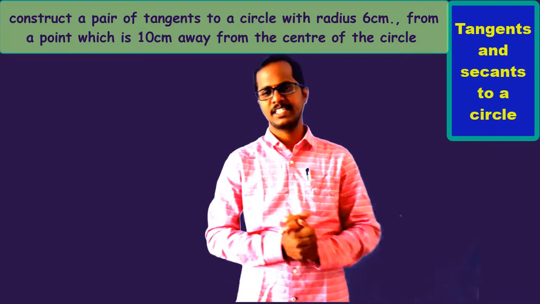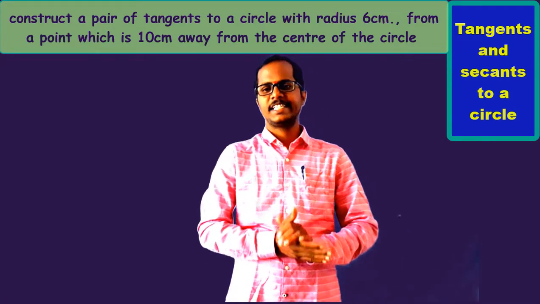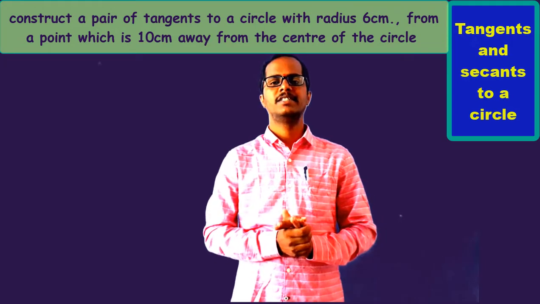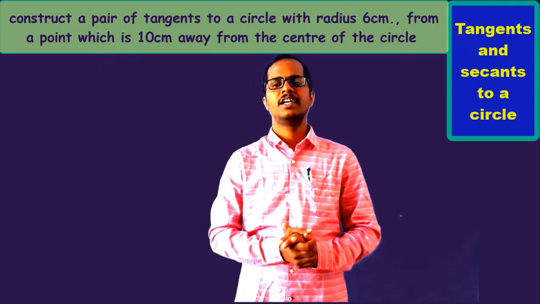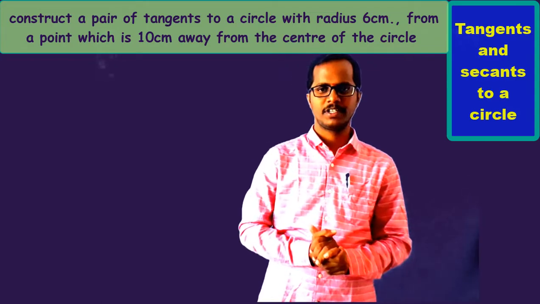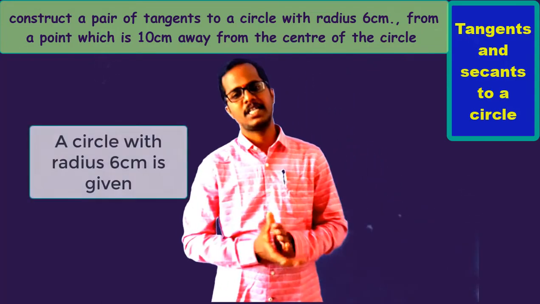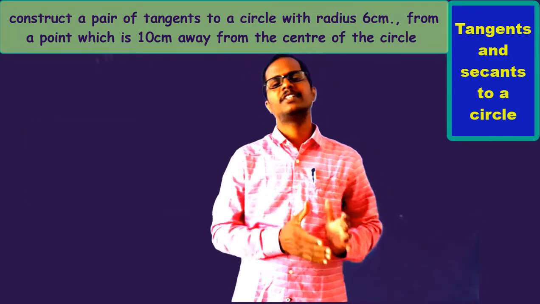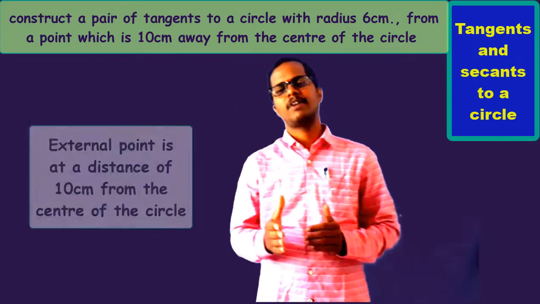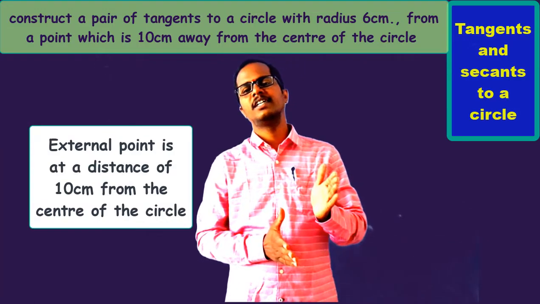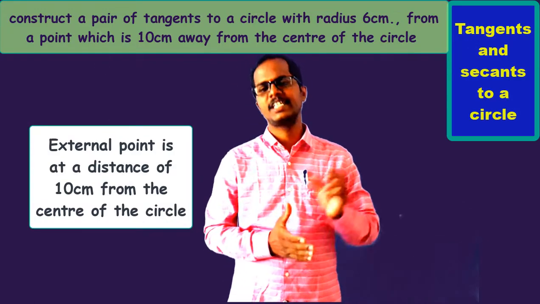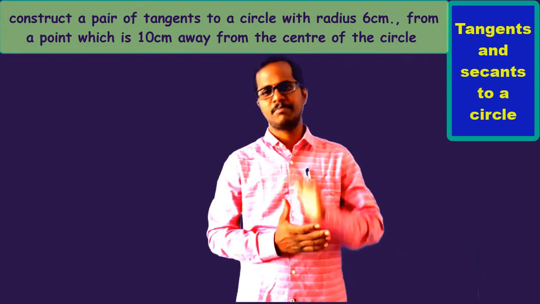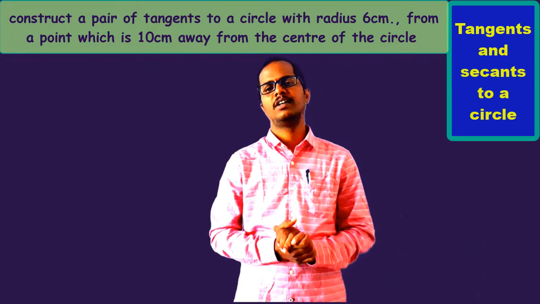So in this, we are given a circle whose radius is 6 centimeters, and the distance from the center to the external point is 10 centimeters. Using this information, we need to construct a pair of tangents to this circle.